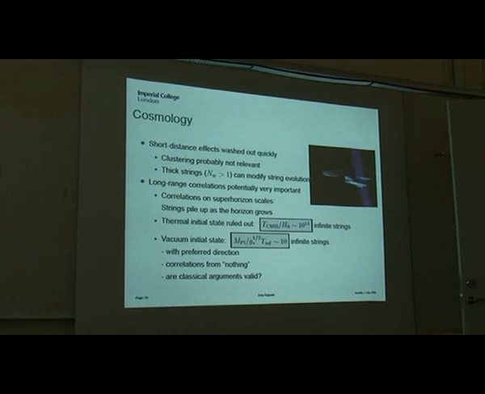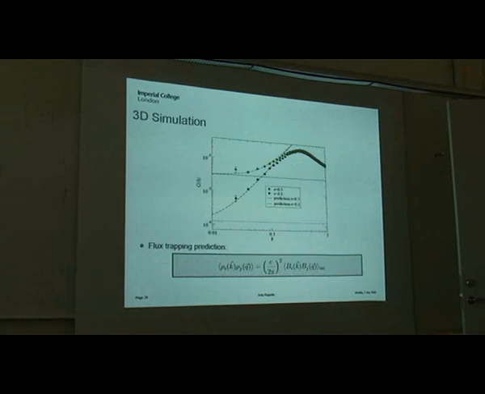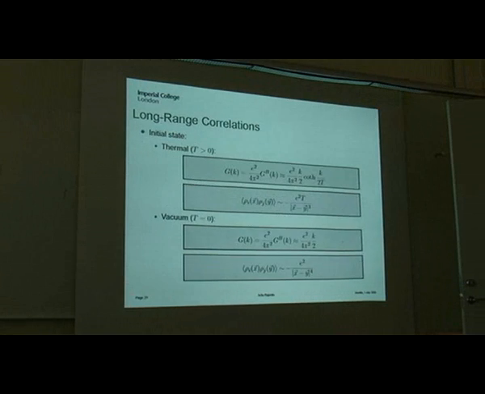However, with inflation, if there was a period of inflation, we know that those length scales were initially inside the horizon and were in the vacuum state. And so with inflation, we would be in the situation where we have the vacuum spectrum at very long distances. Distances which were superhorizon at the time when the strings formed but have now entered the horizon.